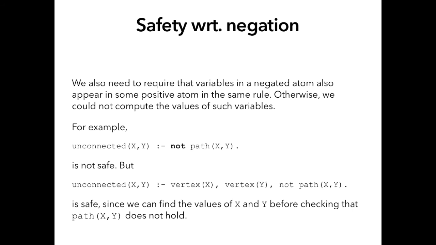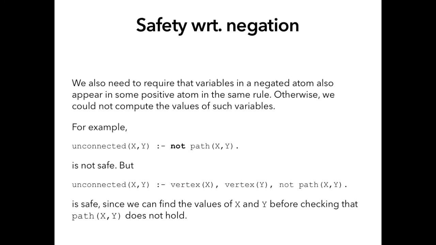But that's not all. We also need to require that the variables in a negated atom also appear in some positive atom in the same rule, because if that was not the case, we couldn't compute the values of the variables. For instance, here's a rule that's not so good. X and Y are unconnected if there is no path from X to Y. But if we write this, we know what X and Y are.